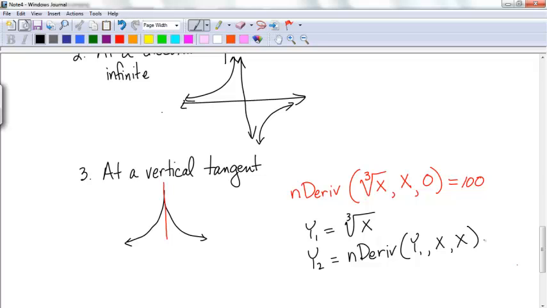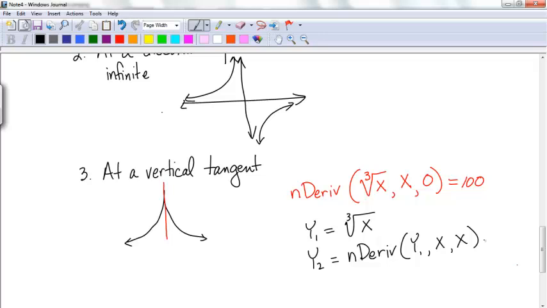So put in the cube root of x. Now turn off the second one for a minute and just look at the graph. Get your cursor on the equal sign there and turn that second one off for a minute. I just want to look at the cube root graph.